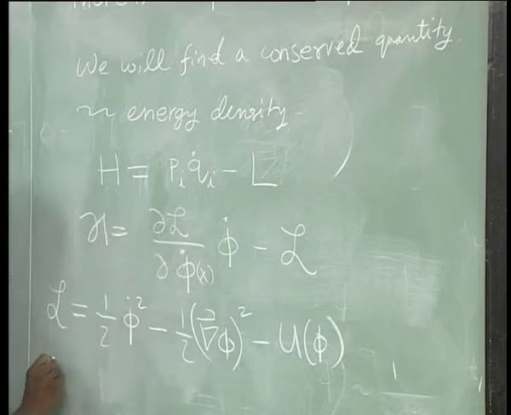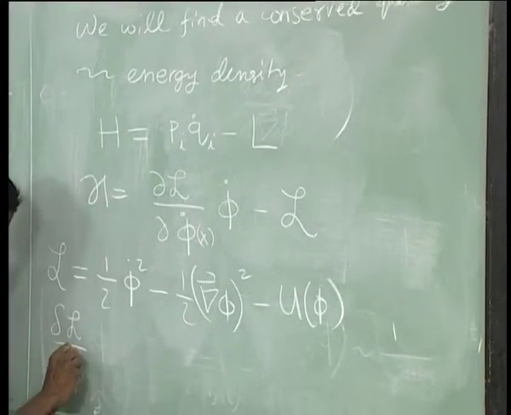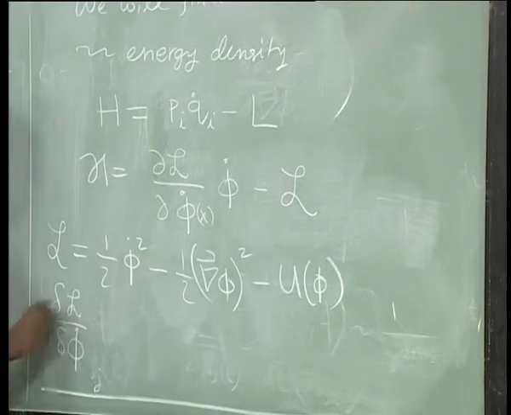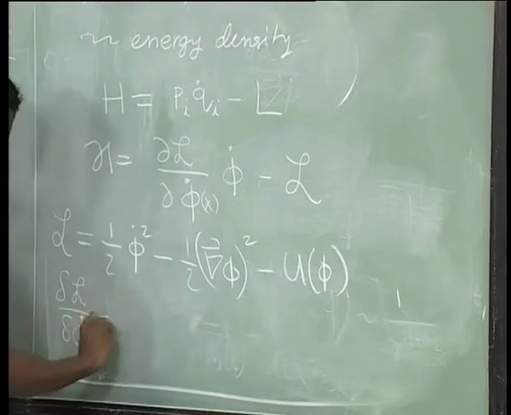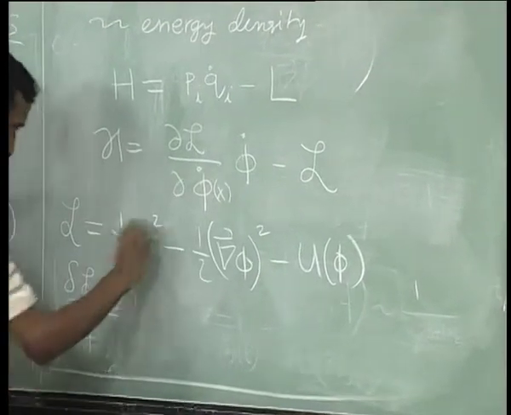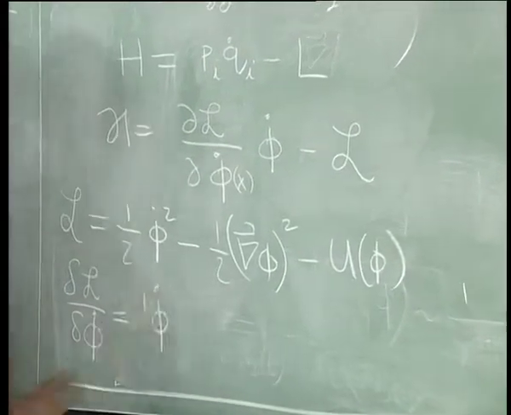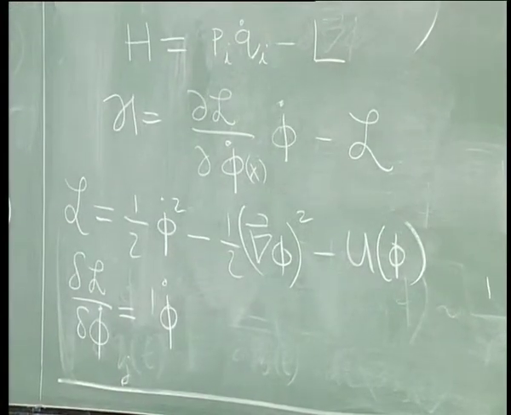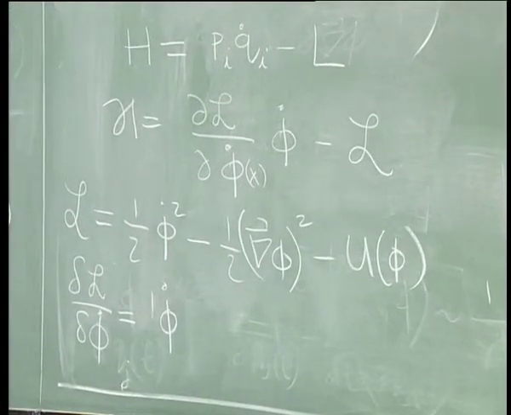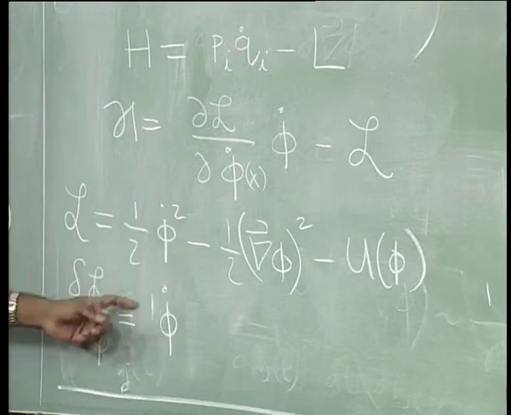So, delta L by delta phi dot, sometimes we will use the symbol pi for this, will be half, the half goes away, just phi dot. Okay. Because there are two things, this is what you get.